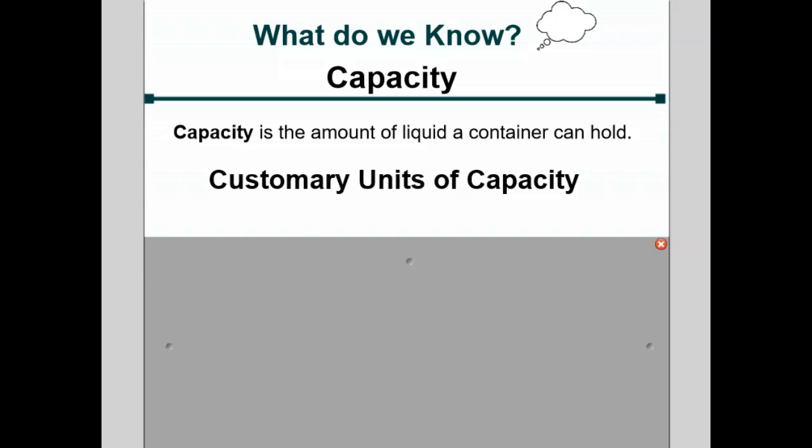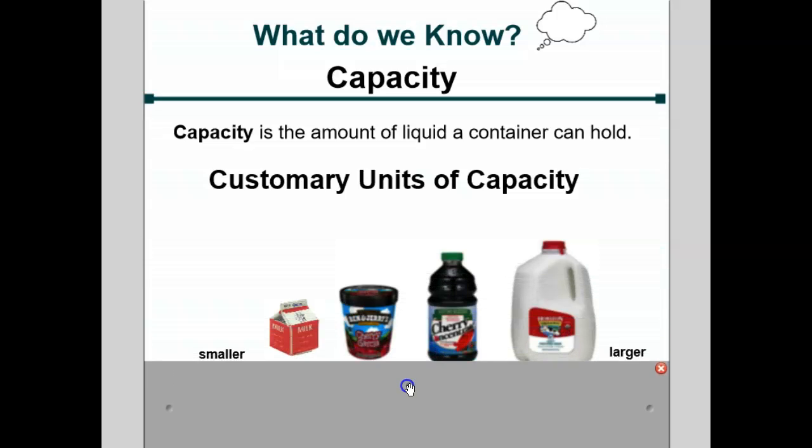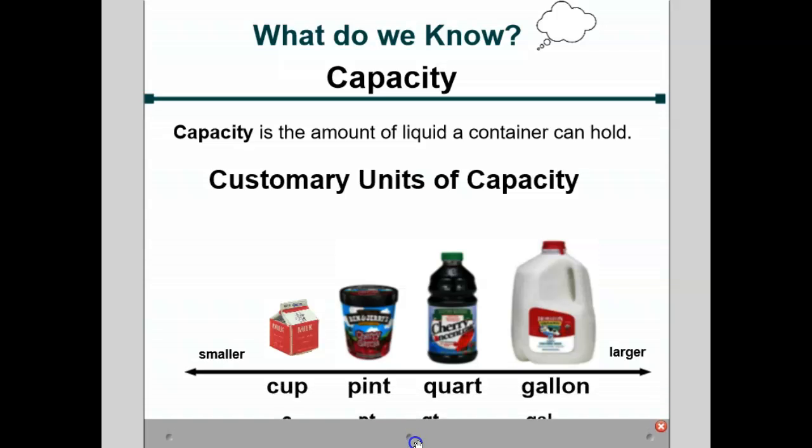Who remembers what they are? Please write these down on your scratch paper. Was anyone able to remember all four customary units of measure? We measure small amounts of liquid in cups.